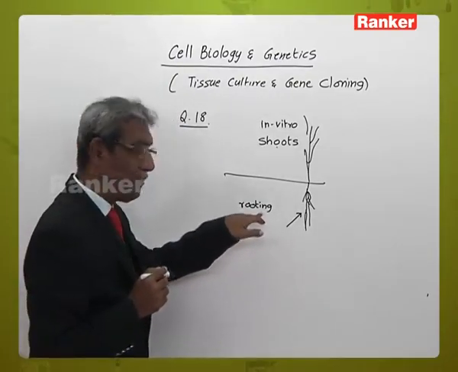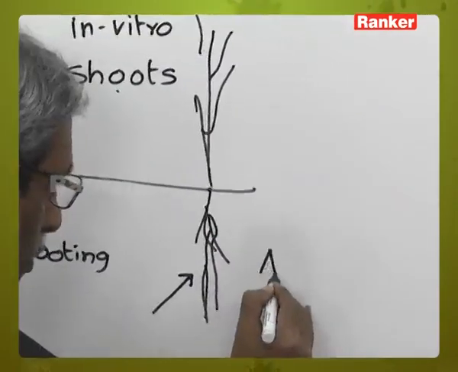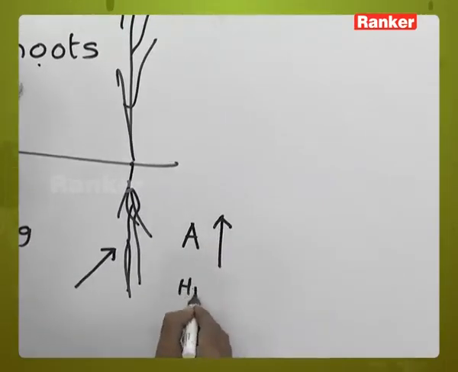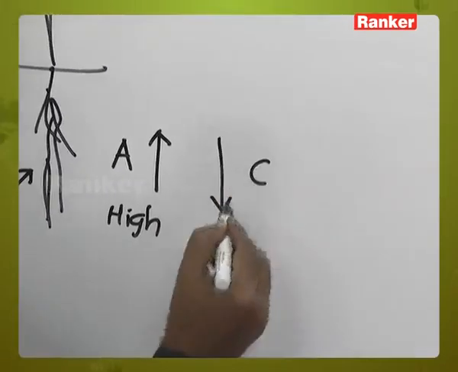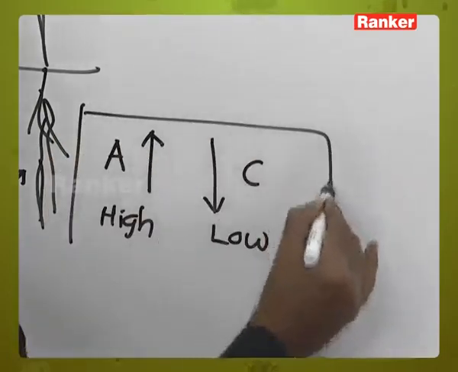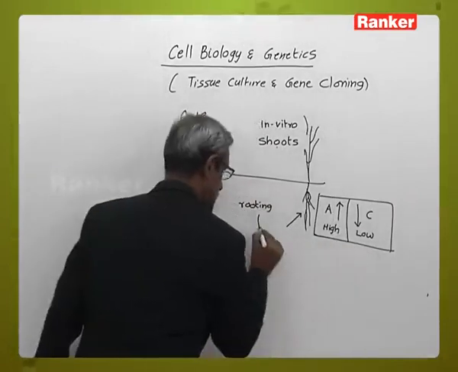Now, whenever you want rooting, we need to primarily give more auxins, a high auxin content and low cytokinin content, which results in rooting.